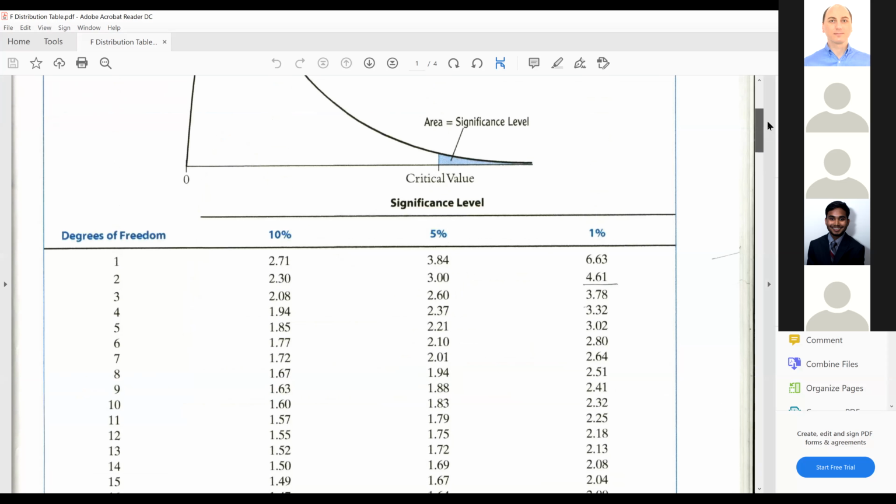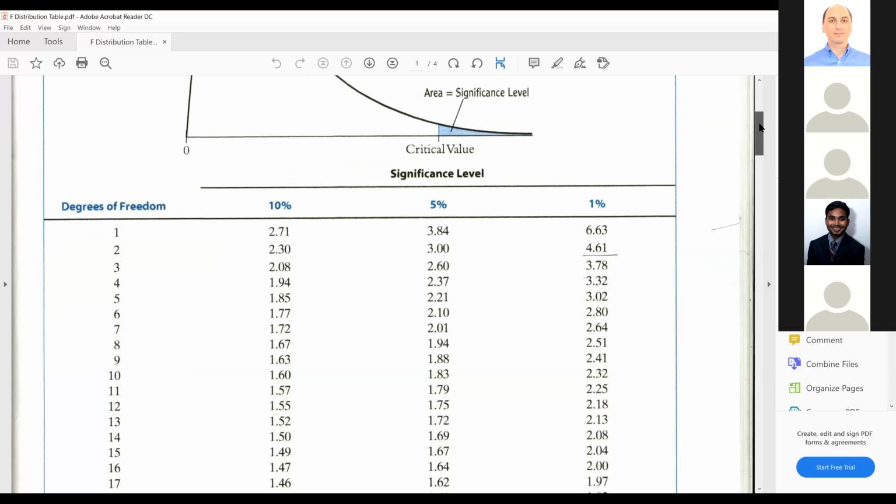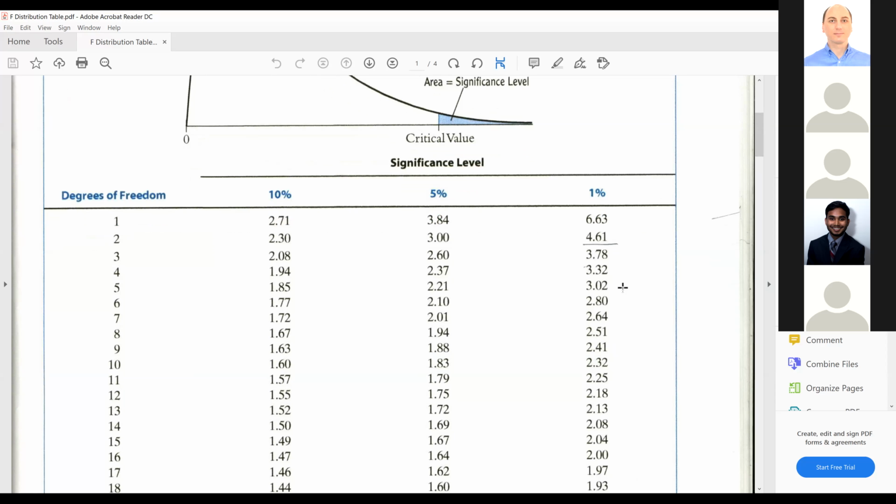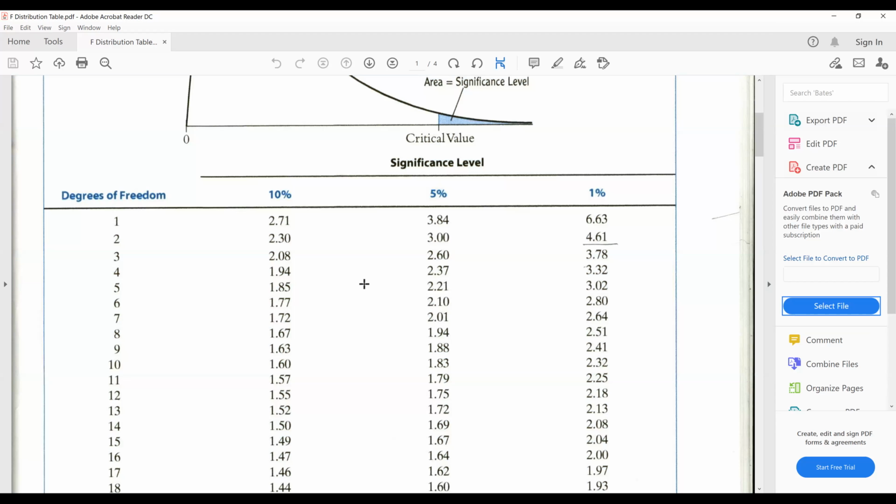Let's test this hypothesis at the 5% significance level. So we are in this column, and the numerator degrees of freedom is given in this column. The numerator degrees of freedom coincides with the number of restrictions, right?